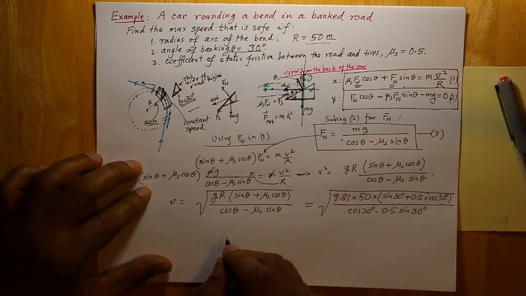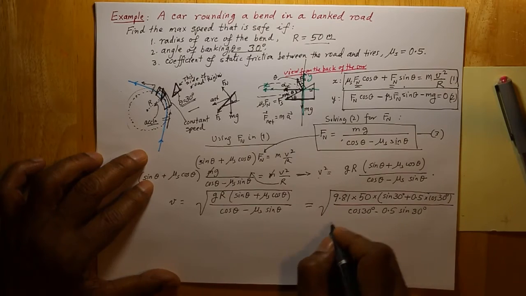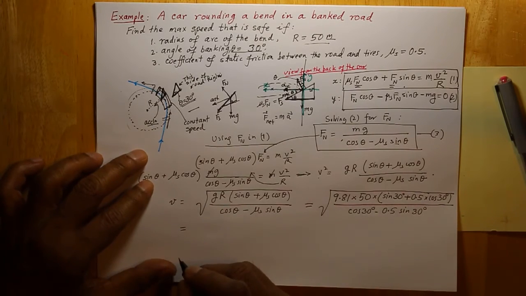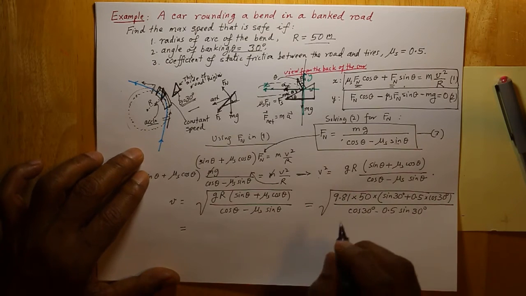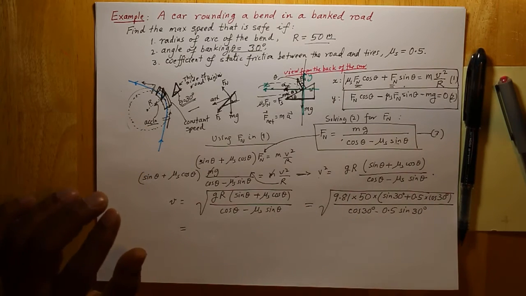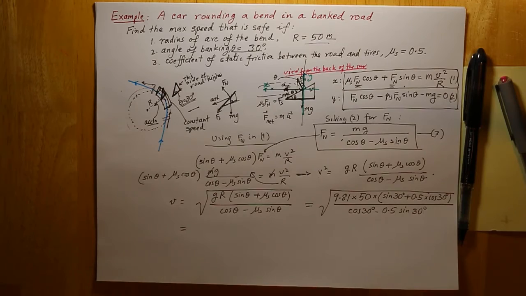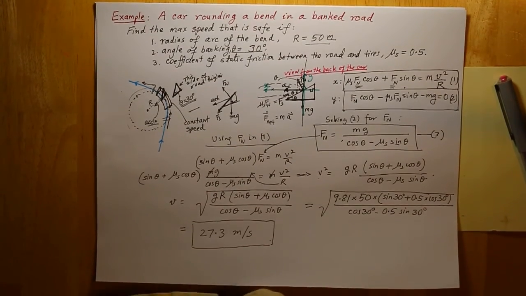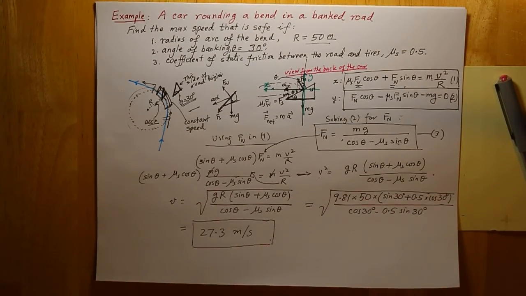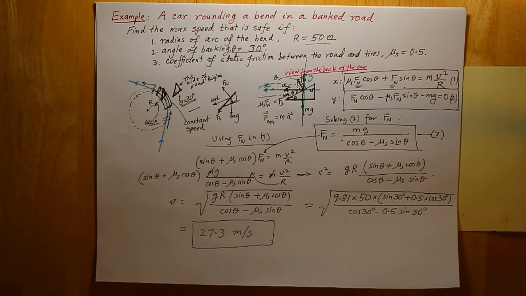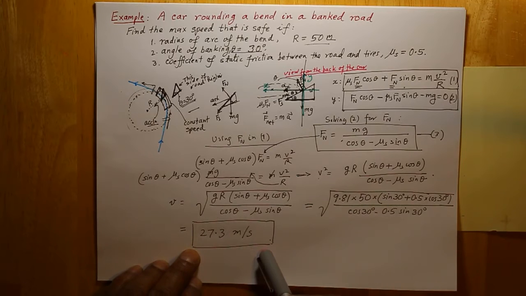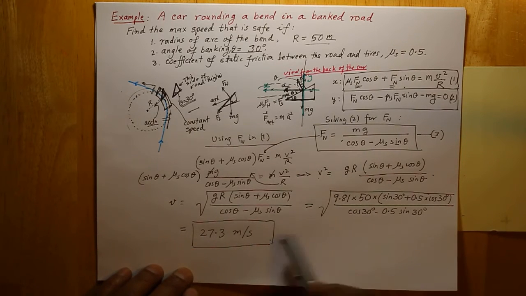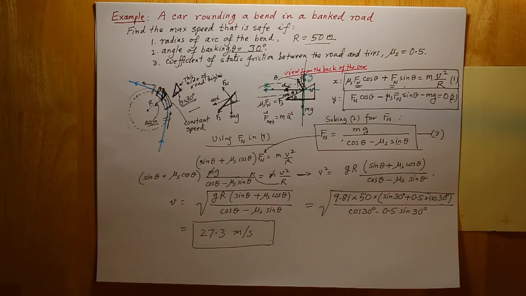So if I were to put this in a calculator, I should get some value. Okay, so I used my calculator and I got 27.3 meters per second. You may want to do your own calculation.